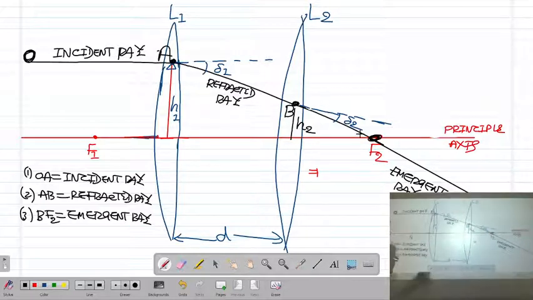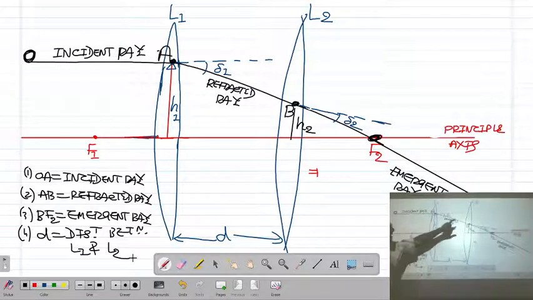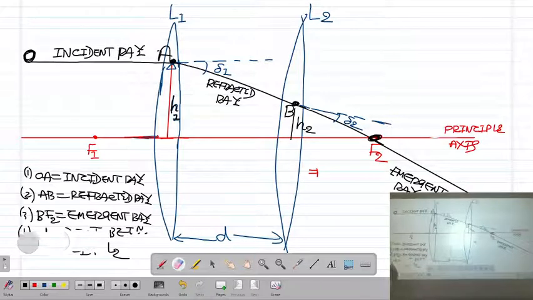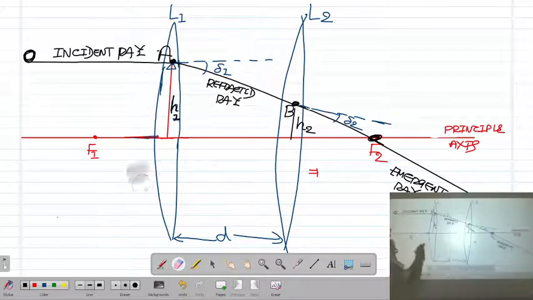Okay. Next, d is the distance between the two lenses L1 and L2. Then we write what H1 and H2 are.